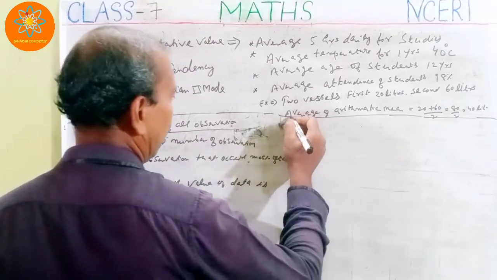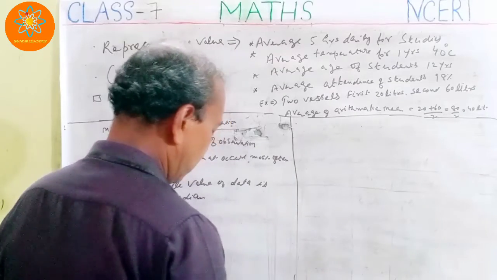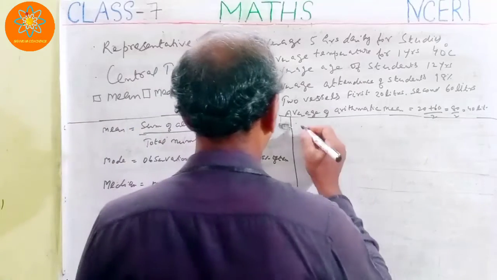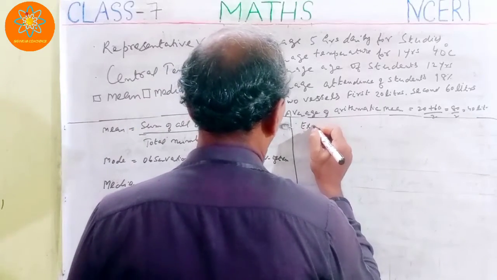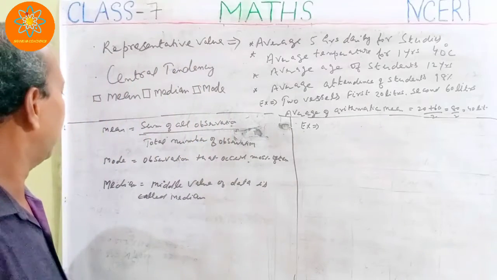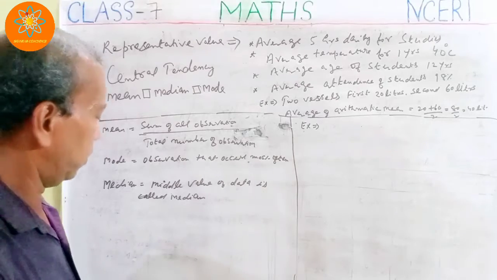Okay. I am taking one example. Let's suppose the data are given, and with that data I want to find mean, mode, and median.